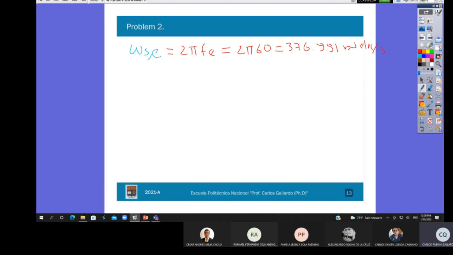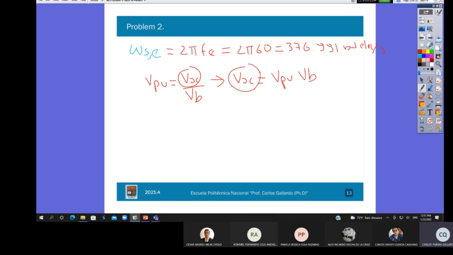Because I have per unit values, what I need is actual values. By definition, the per unit value is equal to the actual value over the base. I need the actual value, so isolating for this voltage, I will have the per unit value times the base in order to have the actual value.